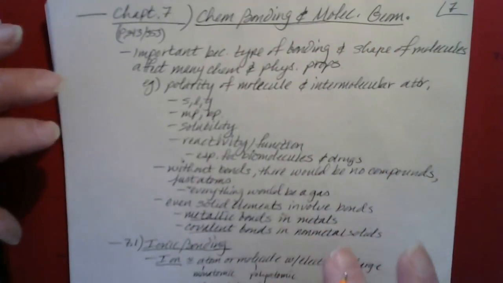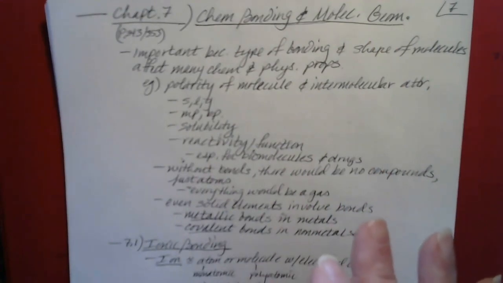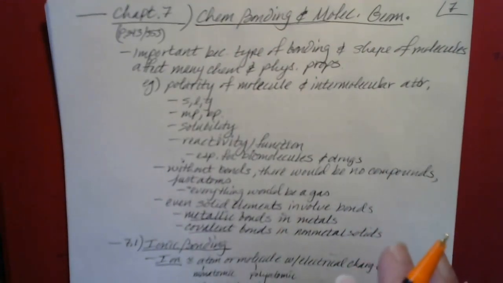For a lot of biomolecules like the proteins and enzymes in our bodies, their function is intimately involved in their shape. And if anything happens to change the shape of the molecule, the function will change, or it'll just stop functioning at all. And that can be a very bad thing.